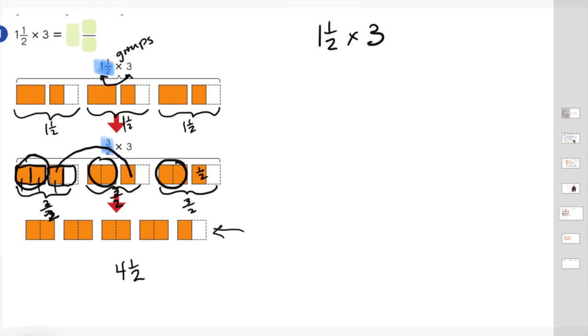All right, first step was to turn the mixed number into an improper fraction. So 1 times 2 is 2, plus 1 is 3, so I get 3 halves times 3.